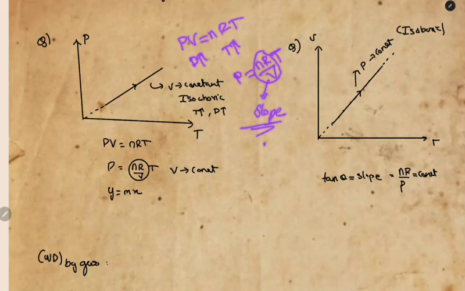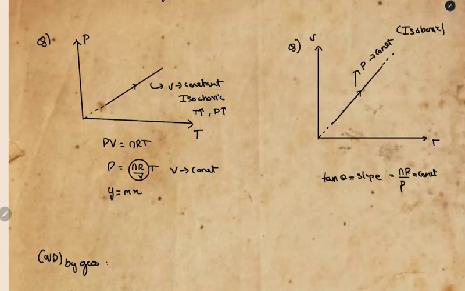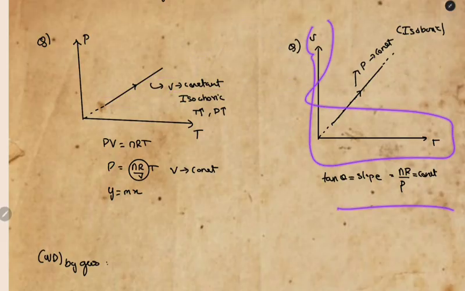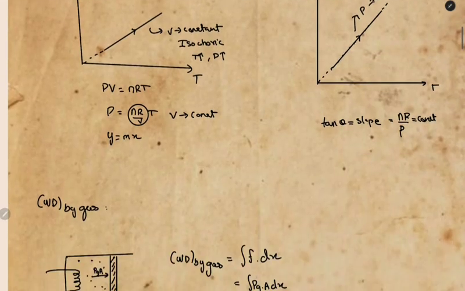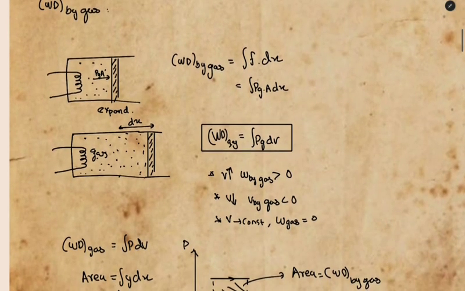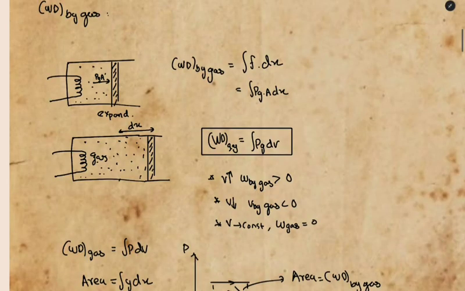In that case, n is constant, R is constant, then V will also be constant, because at any point you take the slope, it's going to be the same value. So volume will be constant, and that will be an isochoric process. Similarly, if you take it this way and do the same thing, you can see it's going to be an isobaric process.